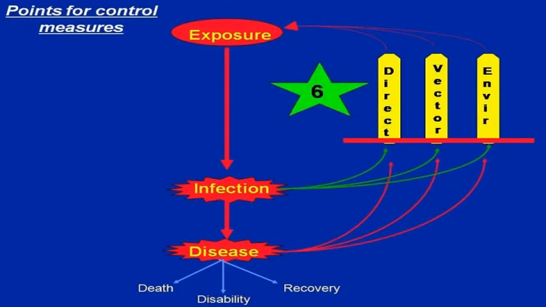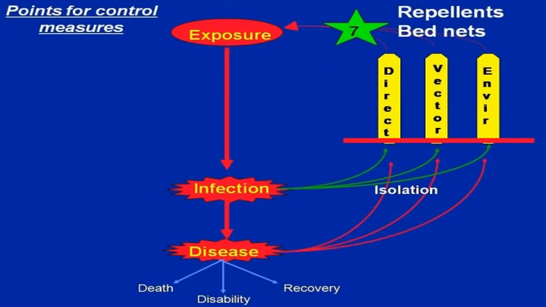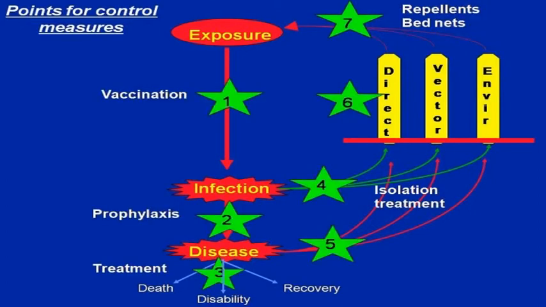Killing the mosquito or not having contact will cut this process. Repellents and bed nets to prevent insect bites will cut this process. So, a field epidemiologist thinks about where we should cut this cycle in order to prevent communicable disease among the human population.